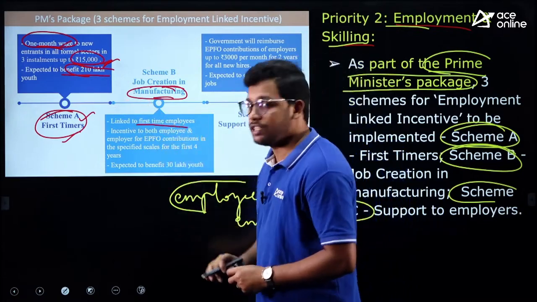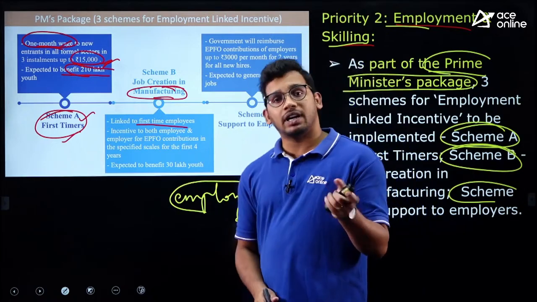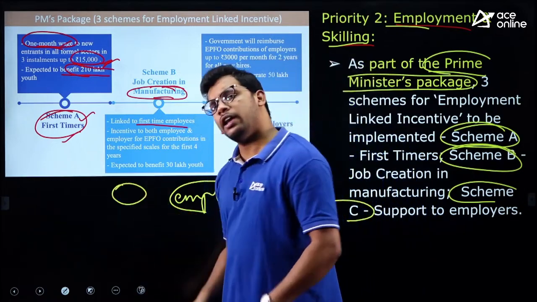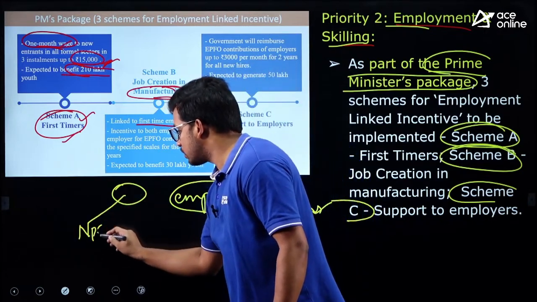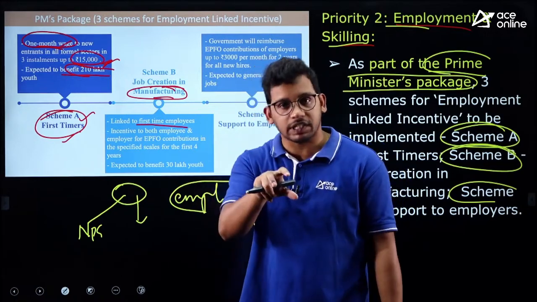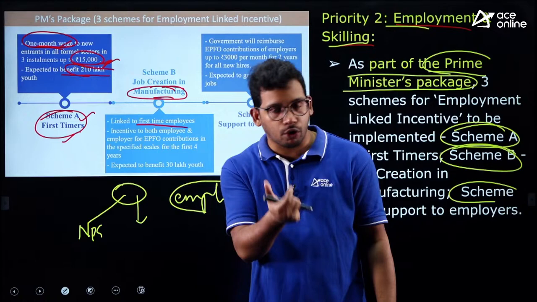Now what is the difference here? To understand this, you need to understand one thing. Whenever you are doing any organized employment, there is the NPS, National Pension Scheme. Certain funds have to be deducted from your salary and kept aside in your account. You will have an EPFO account number.